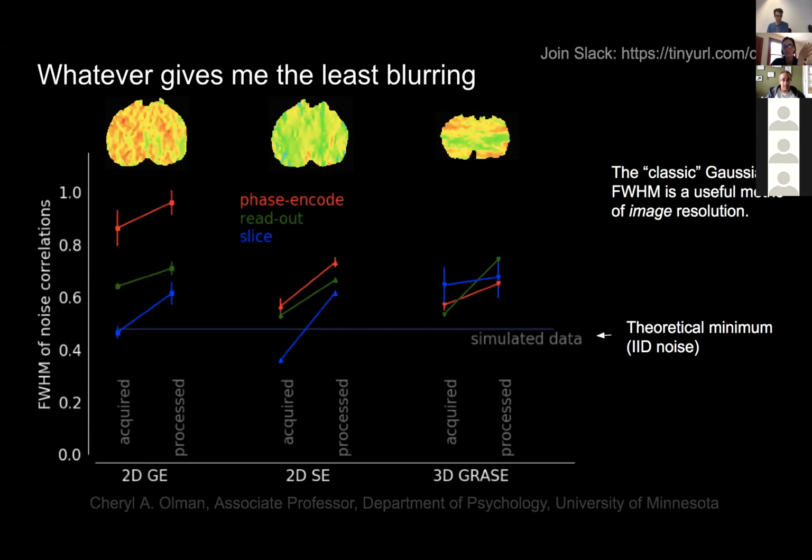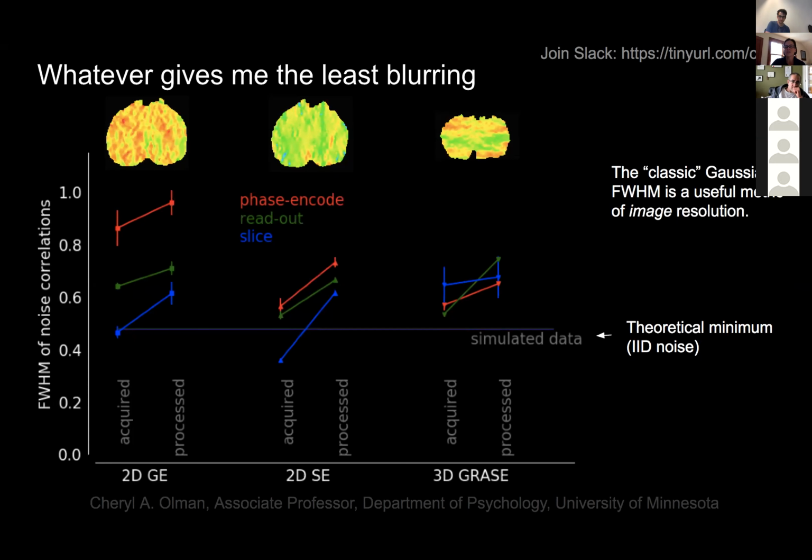When you're 95% Gaussian, you can use this classic AFNI ACF function. And what I'm plotting is estimates of the width of the Gaussian kernel that describes the spatial autocorrelations of my noise in my data as acquired, and then as it's been motion and distortion compensated.